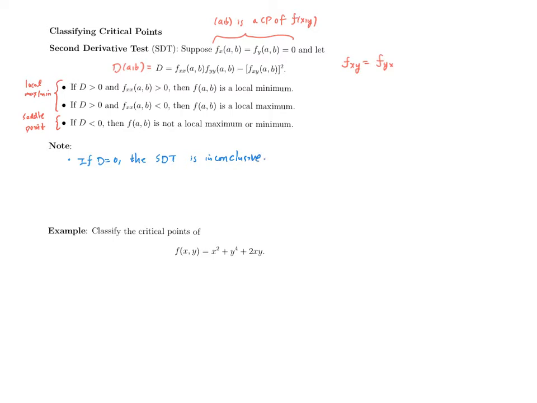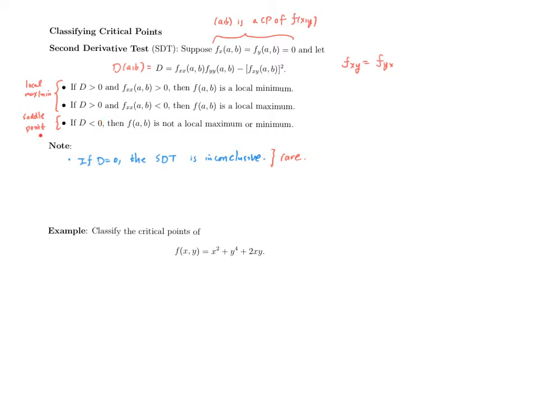Similar to going back to our Calc 2 experience with things like the root or ratio test, it's very possible for something to be inconclusive, and that just means it tells us nothing. We would have to do a further investigation. And I will also add in here that for us, this would be a very rare scenario that we will most likely not encounter.